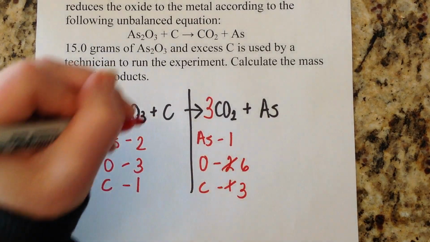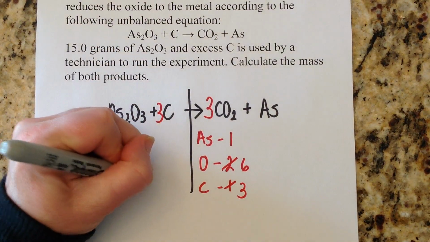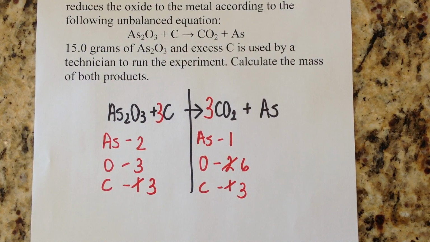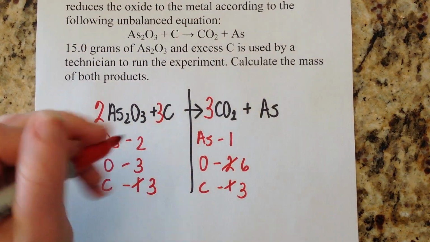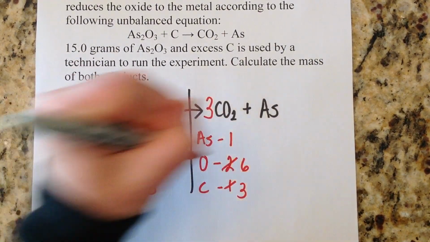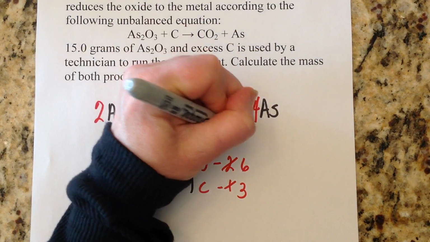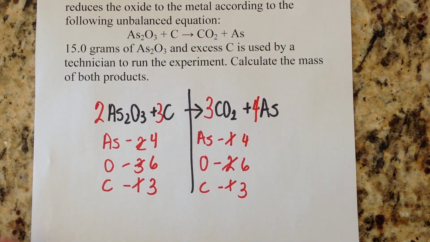If I put a 3 here, that's a really easy fix for that one. And I think what I'm going to do is maybe try a 2 here. 2 times 2 is 4. Oh, good. 2 times 3 is 6. Put a 4 here, and we are good to go. Would that have been the best place to start? Maybe, maybe not. There's always more than one way to do it. That just happens to be what I pick, and it worked out.